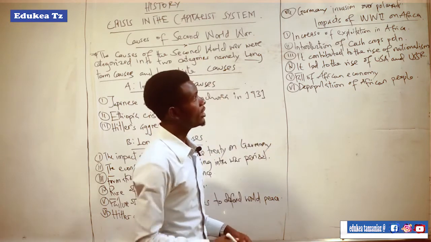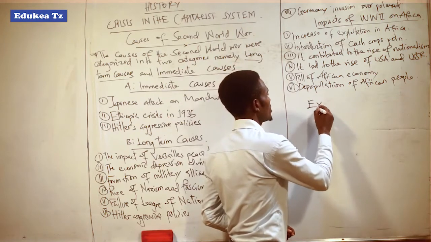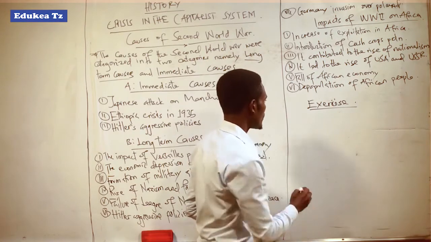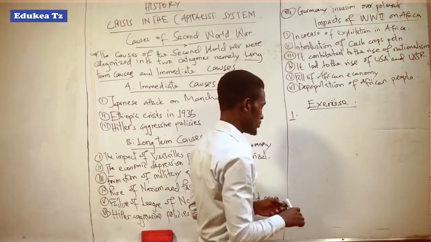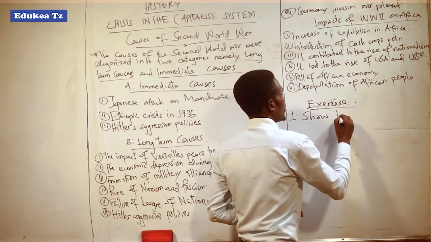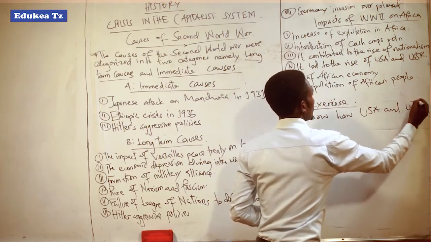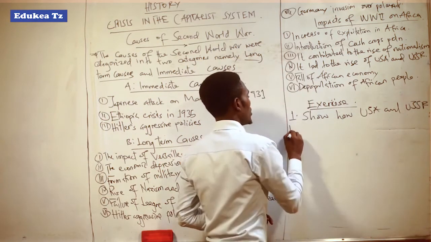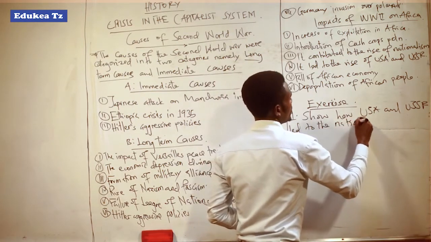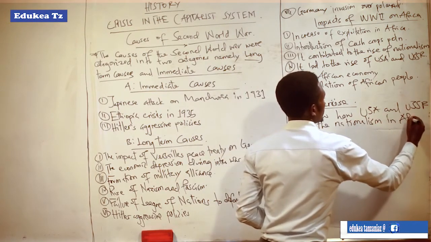So after looking at that topic, I would like to give you an exercise which has 3 questions. The first one: show how the USA and USSR led to nationalism in Africa.